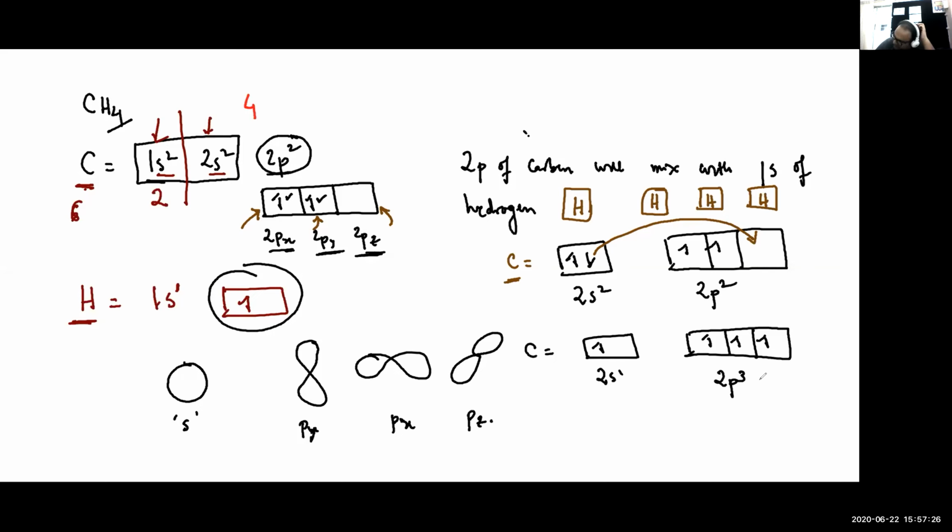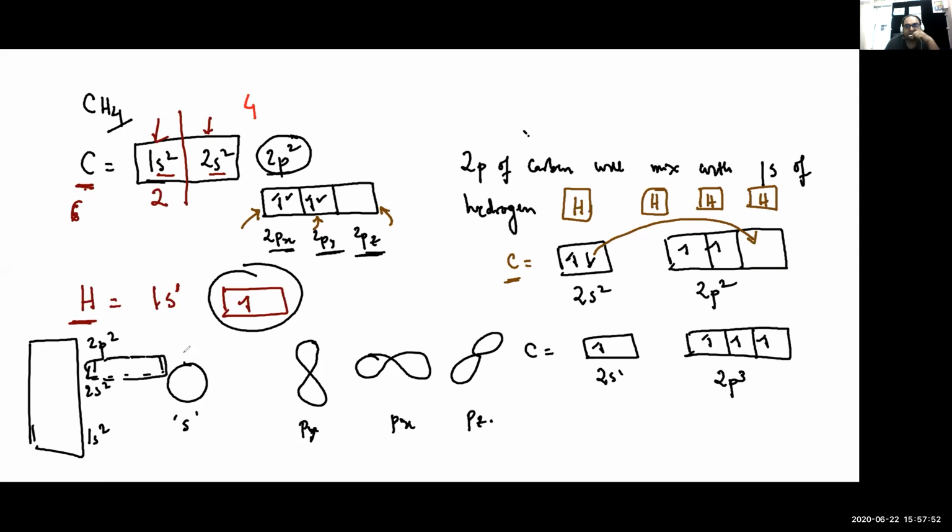Why is this happening? If you have seen the video, there they showed that carbon has this energy level, 1s2, 2s2, 2p2. After hybridization, they come to a lower energy level. Do you remember? They have shown it in the video.